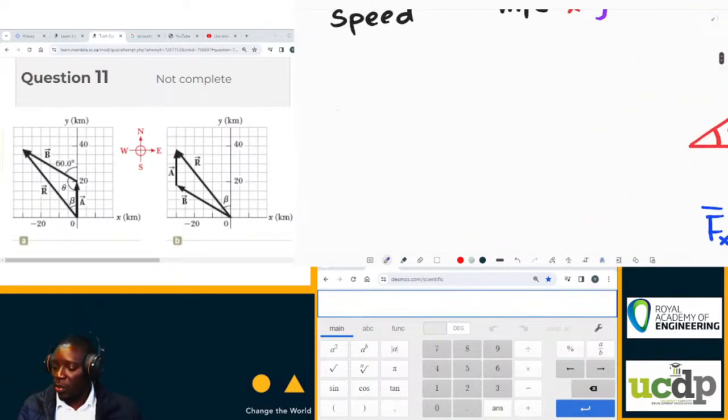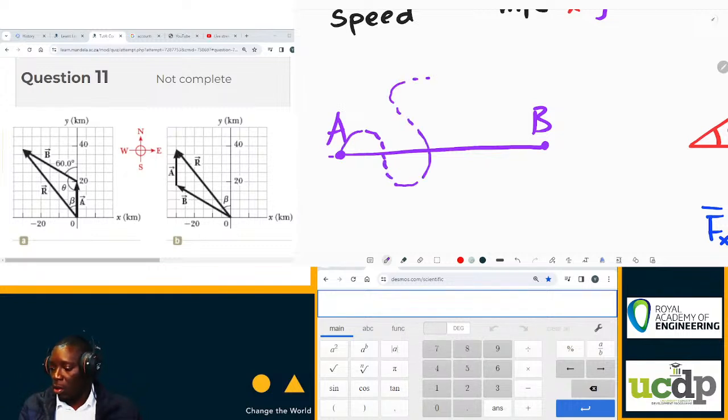With points A and B, the straight line connecting point A to point B is the displacement, whereas the sum of the path traversed in going from A to B adds to what we call a distance.